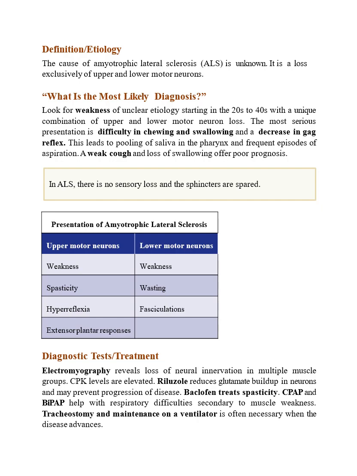What is the most likely diagnosis? We're going to look for weakness of unclear etiology starting at age 20 to 40 with a unique combination of upper and lower motor neuron loss.